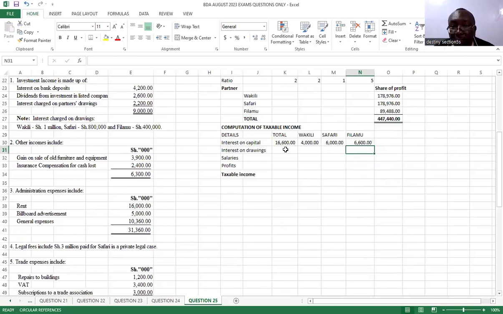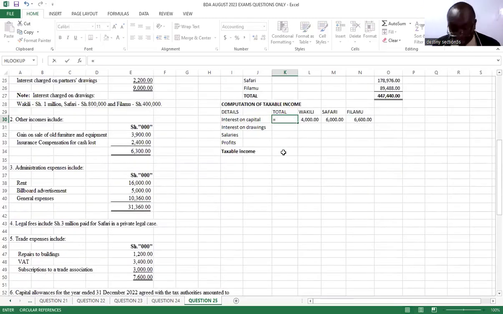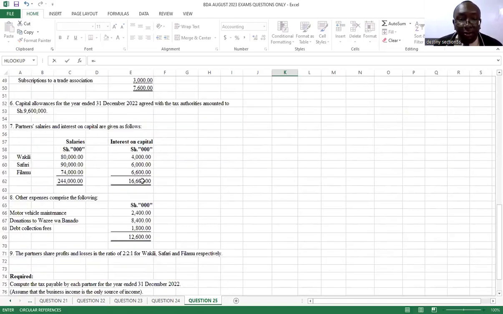Yeah, good. Interest on drawings. Let's look for them. Interest charge on drawings. These amounts. Add these interest. First of all, this interest on capital, I should have put it as negative, equals to negative this amount.